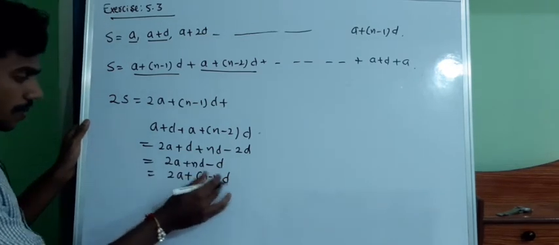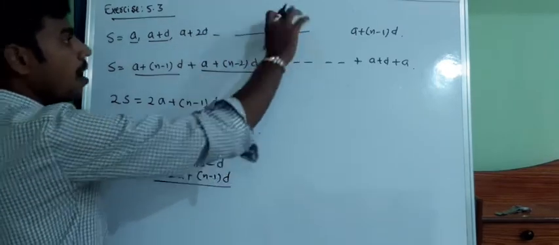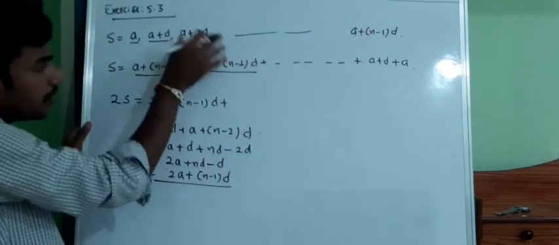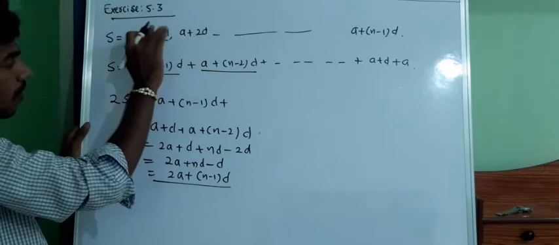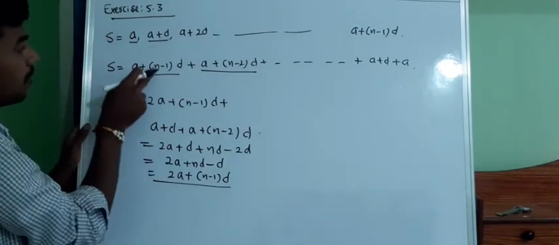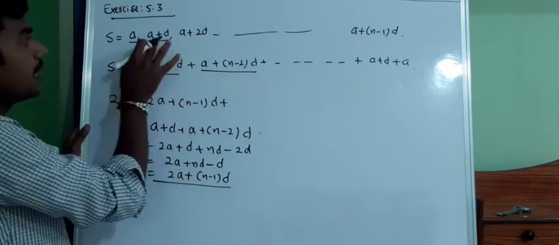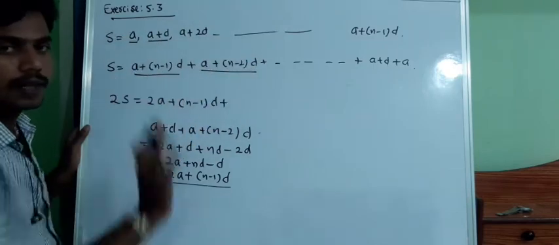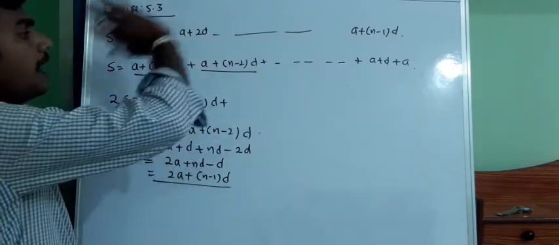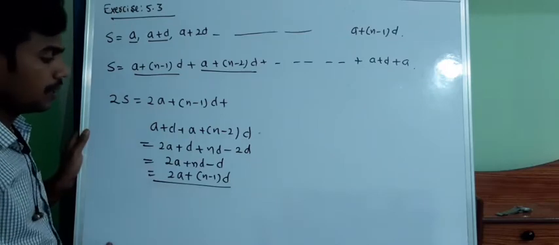I have taken d common, n remains here, minus 1. So when you add all the respective terms in series 1 and 2, meaning the first term in the first series with the first term in the second series, the second term in the first series with the second term in the second series, if we add in such a manner, you are going to get 2a plus (n minus 1) into d.